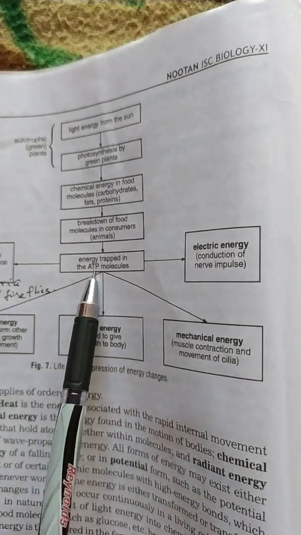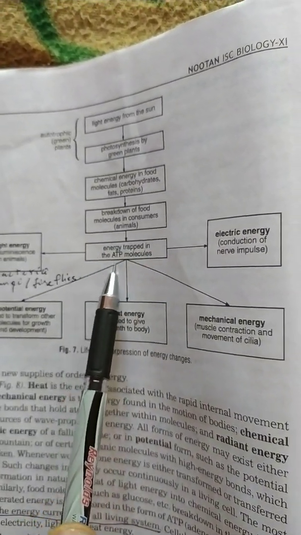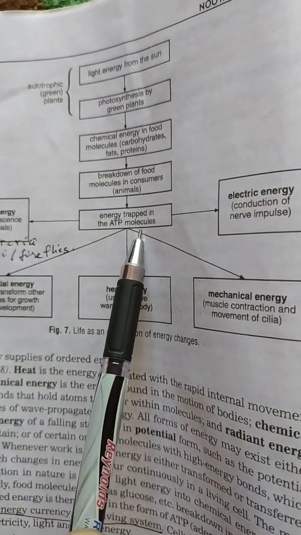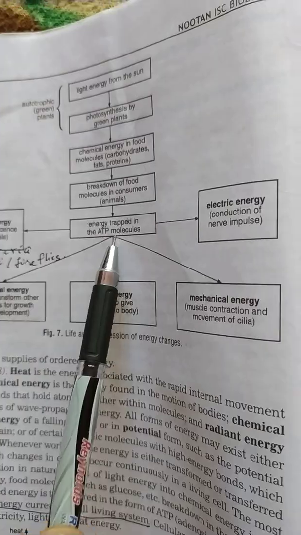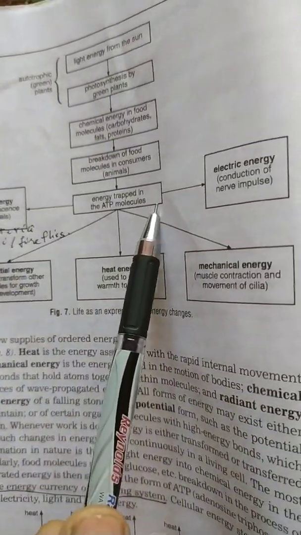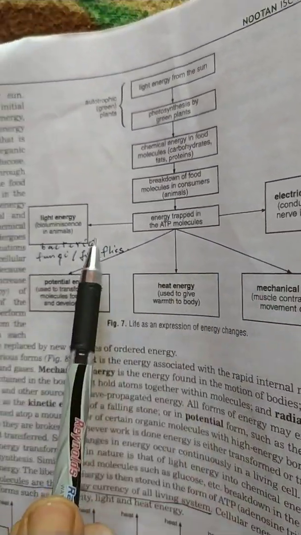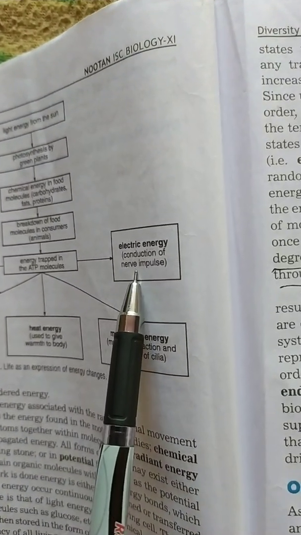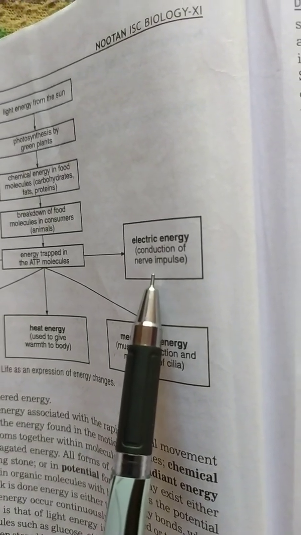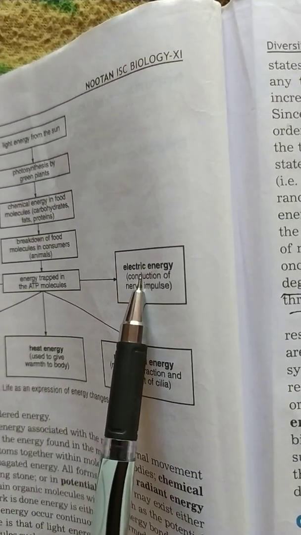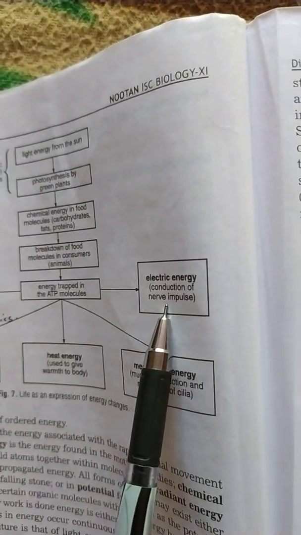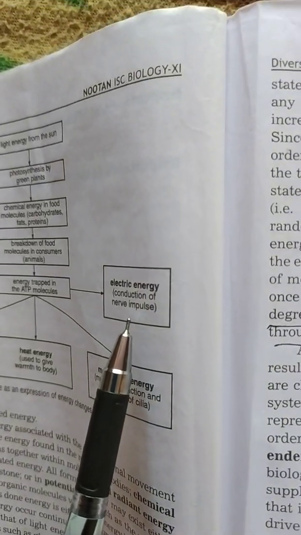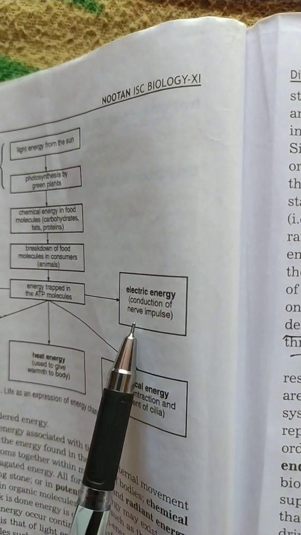Okay, now let us look here. The energy which is trapped in plants in the form of adenosine triphosphate molecules is then bifurcated in various ways in the environment. Like the ATP energy can be given out in the form of electrical energy, so as to run nerve impulses, conduction of impulses through nerves.